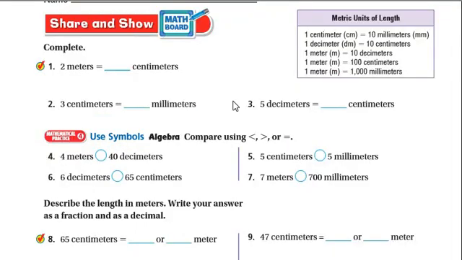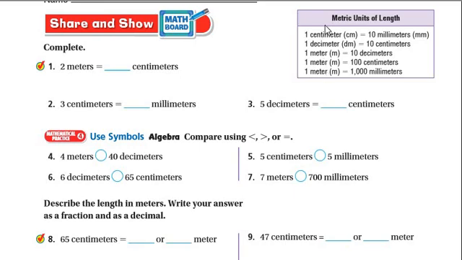In your book, page 675, you will find this table of metric units for length. Let's read it together. 1 centimeter equals 10 millimeters. So, of course, 1 centimeter is greater than 1 millimeter. Why? Because one unit centimeter equals 10 of the unit millimeter.